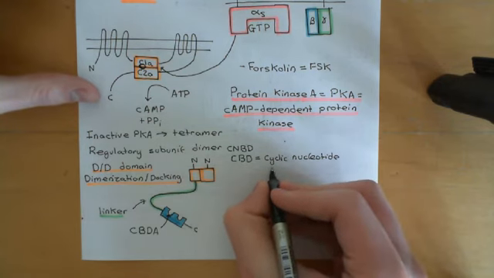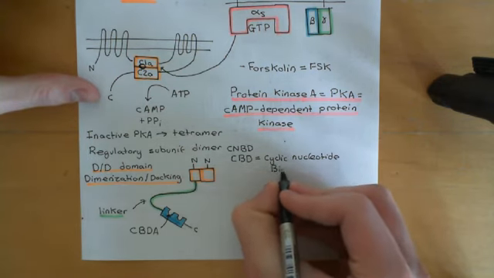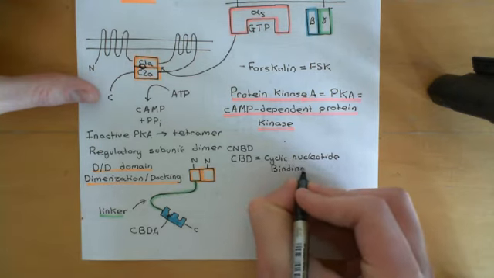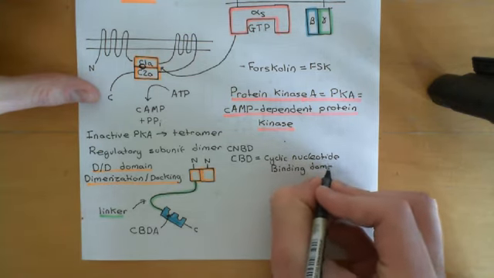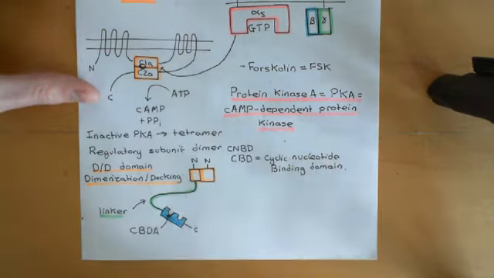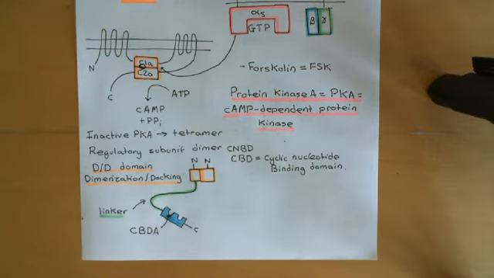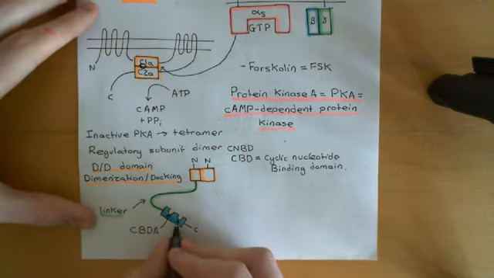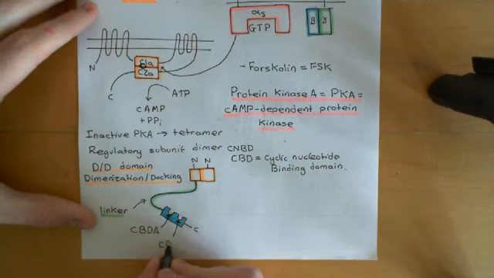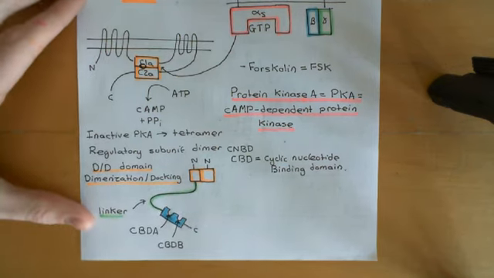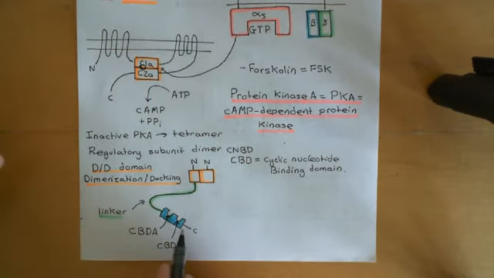So C stands for cyclic nucleotide, and BD is for binding domain. So that first cyclic nucleotide binding domain of the regulatory subunit is called the cyclic nucleotide binding domain A, and the second one is called the cyclic nucleotide binding domain B. And then you've got the C terminus after these 2 binding domains for cyclic AMP.